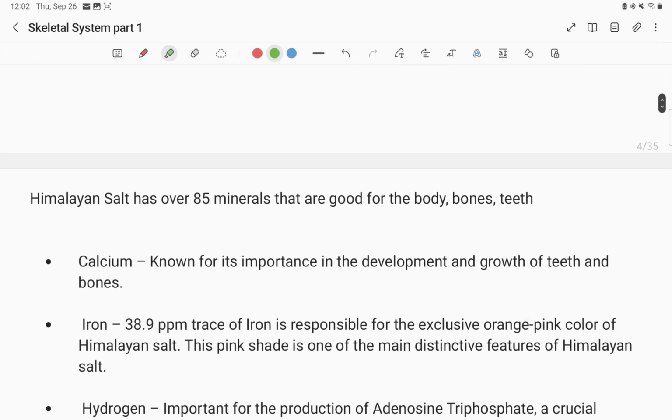Okay, Himalayan salt is an option. You can put some in your water, like your water bottle. It has over 85 different minerals that are good for the body, the bones, and the teeth.